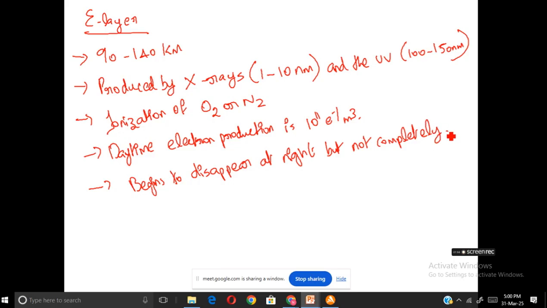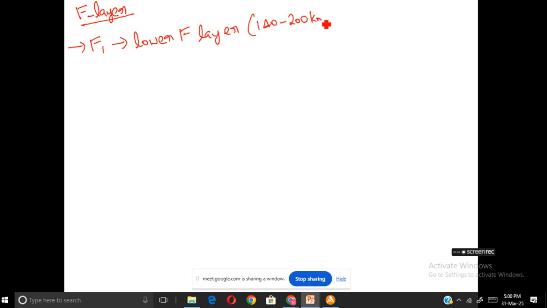Now the uppermost layers, F1 and F2. The F layer: we have F1, this is the lower F layer. The height is from 140 to 200 kilometers.